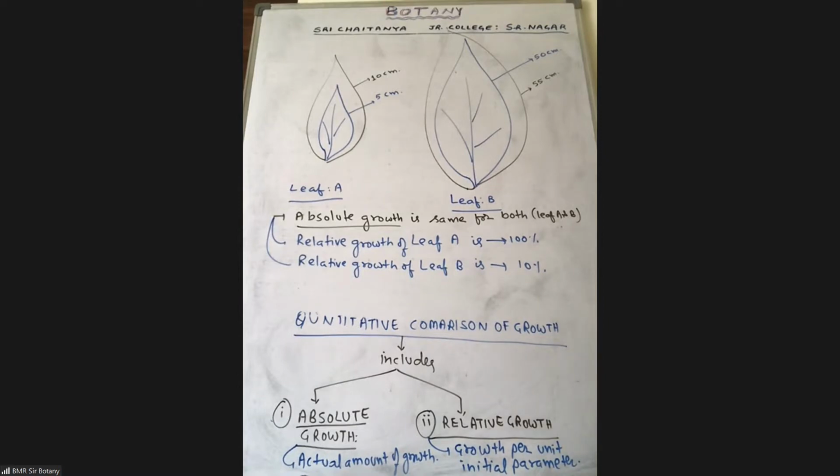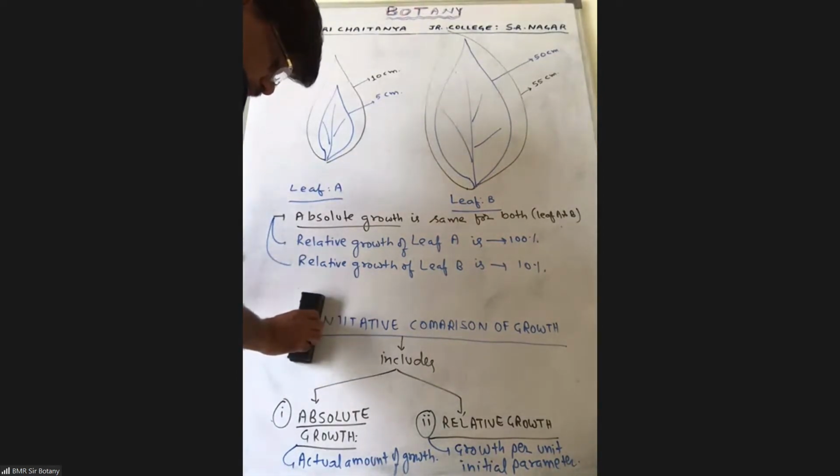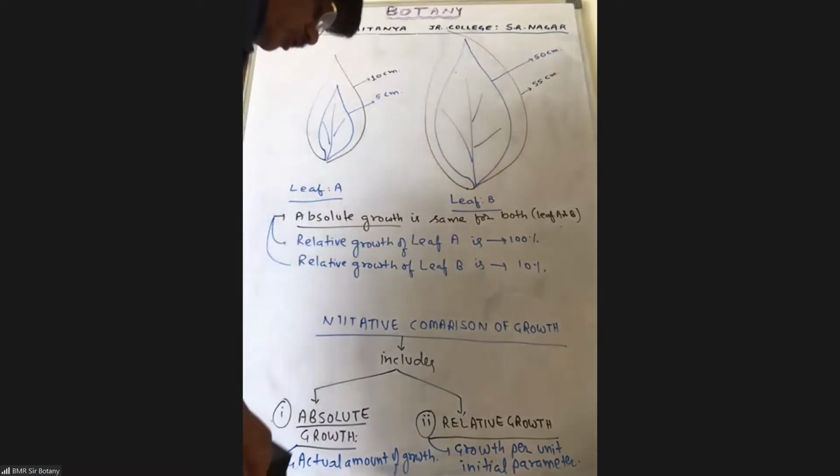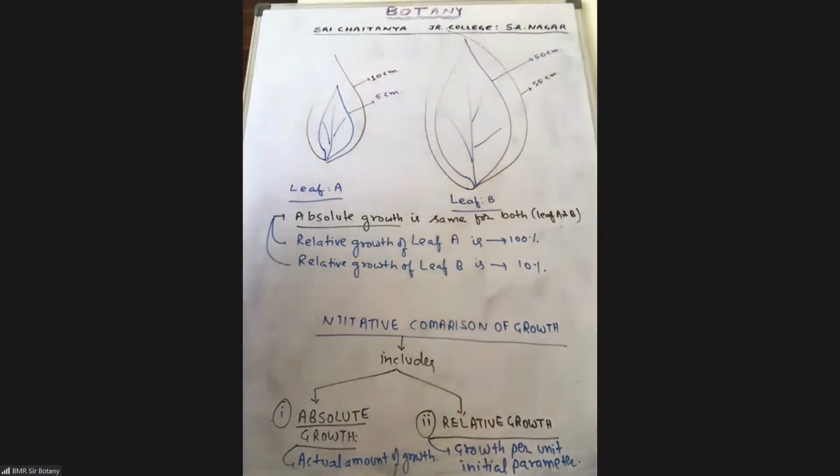Then the last aspect is conditions of growth, nothing but factors affecting the growth. Growth per unit initial parameter is relative growth.